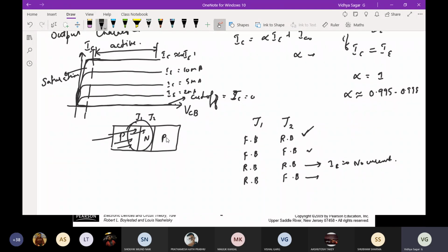So if this is itself reverse biased, there will be no current. It is only your reverse saturation current, ICO. So it is nothing but 0. The current contributed will only be the reverse saturation current, ICO. Am I clear? Reverse biased at this junction alone.